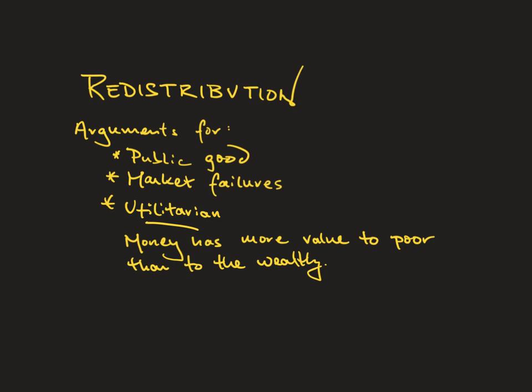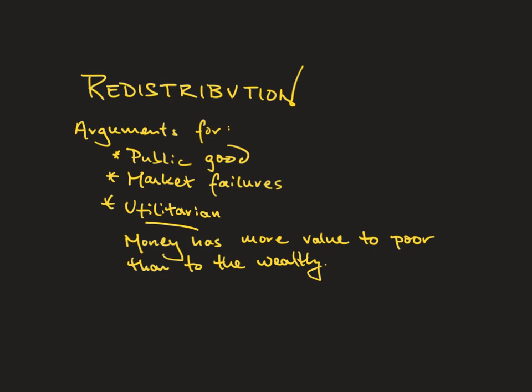We've probably all seen a cartoon image of a millionaire or billionaire lighting a cigar with a $100 bill. This conveys the idea that something that would be valuable to the common person is nothing to that millionaire. The person could burn it up and never notice. Okay, so that's the idea that money has more value to poor people than to the wealthy.